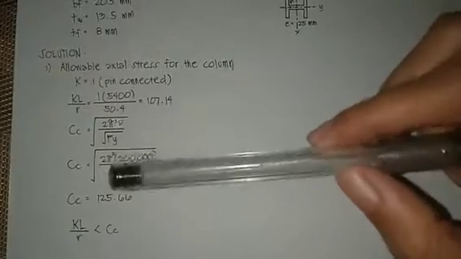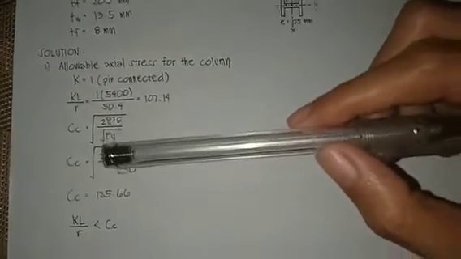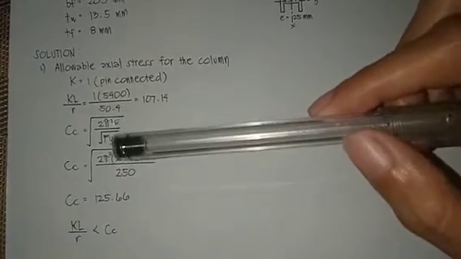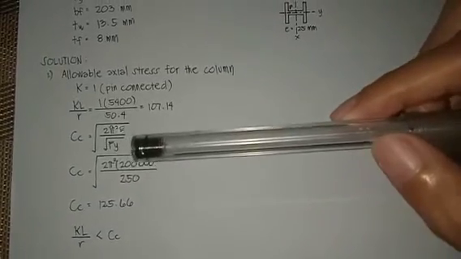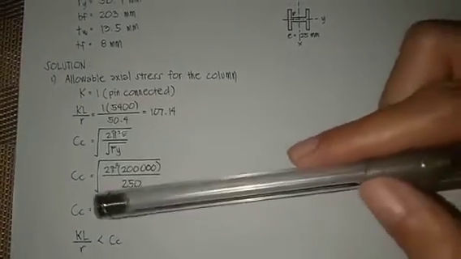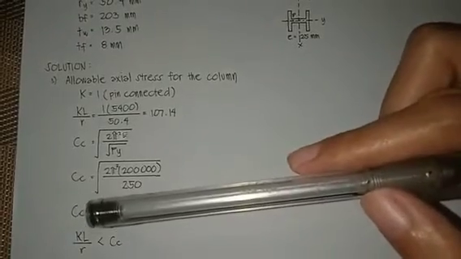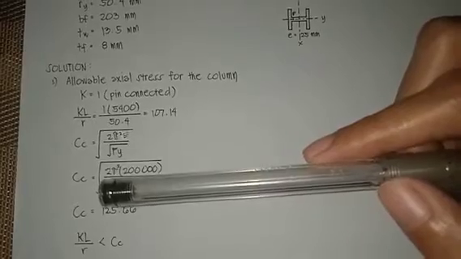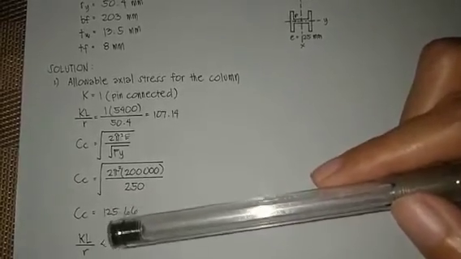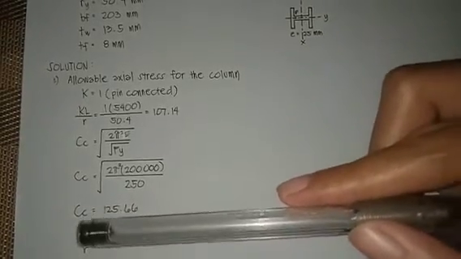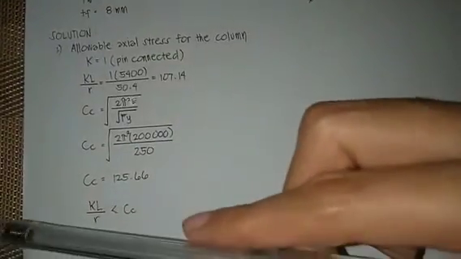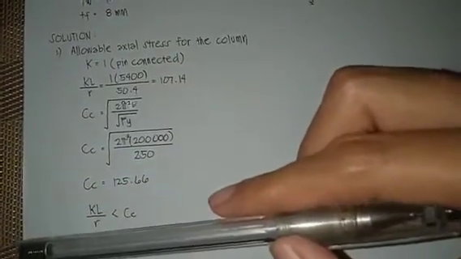Na ato kung kuhaon ang Cc. Cc is equal to square root of 2 pi square E over Fy. Then Cc is equal to square root of 2 pi square times 200,000 over 250, which is equal to 125.66. So KL over R is less than Cc.